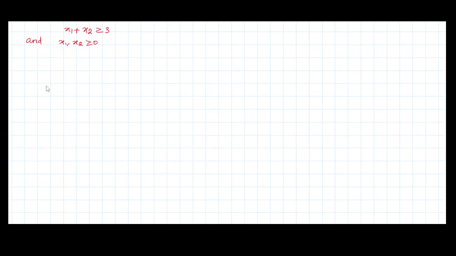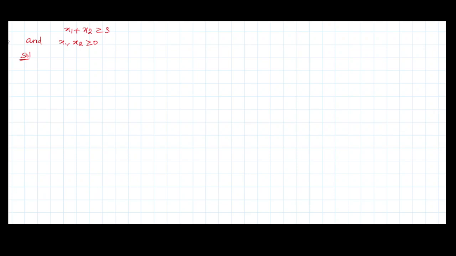Okay, in order to solve this, let us start the procedure. Step number 1 is to identify the points on equation number 1 and 2.